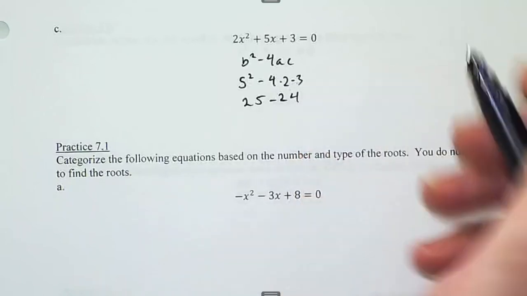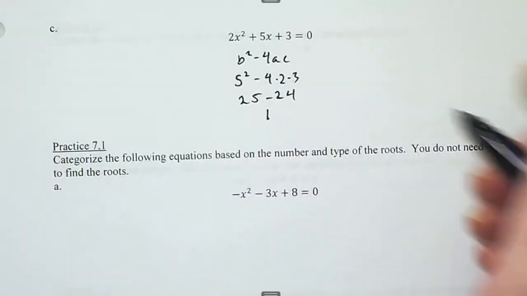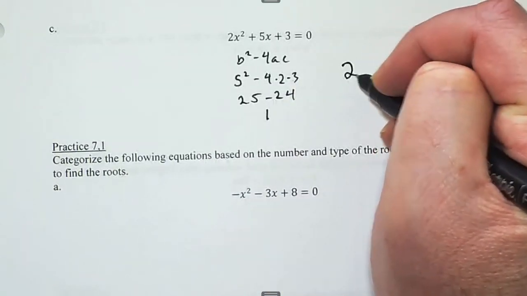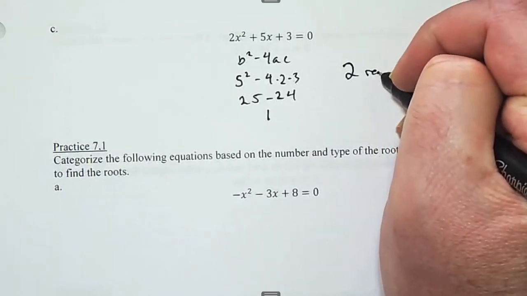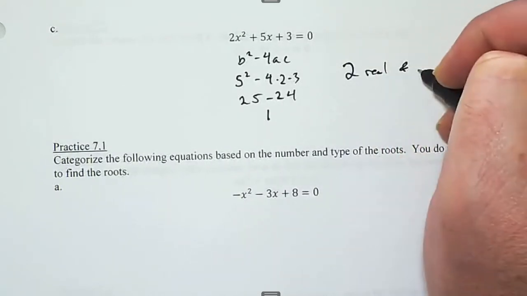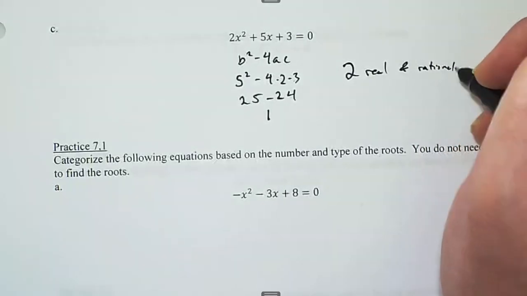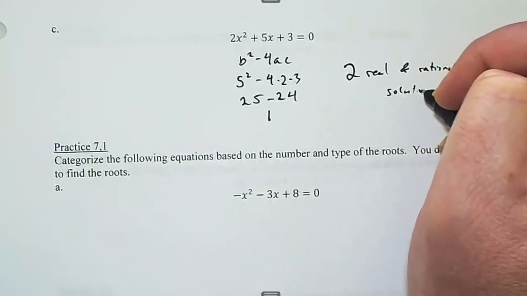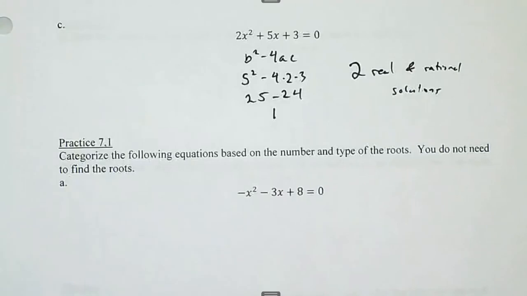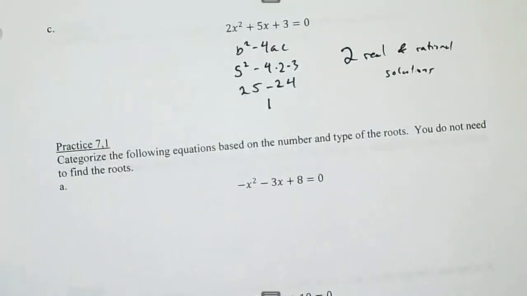Eight times 3 is 24, right? So that's 1. So 1 is a perfect square. So we have two real and rational solutions. If this was not a perfect square, we would have irrational solutions.